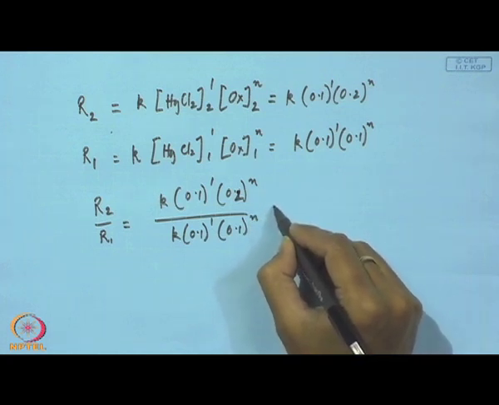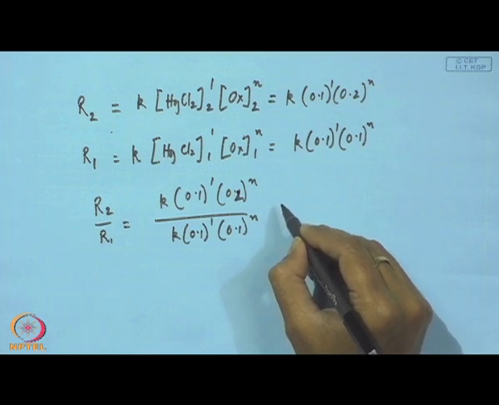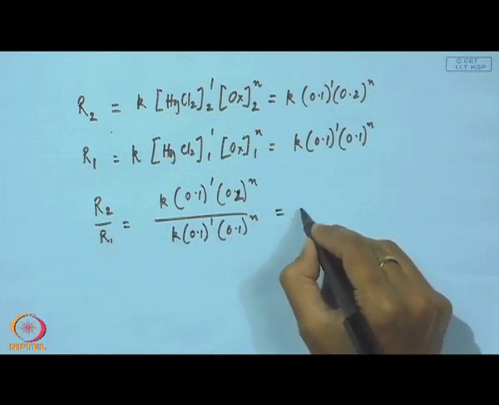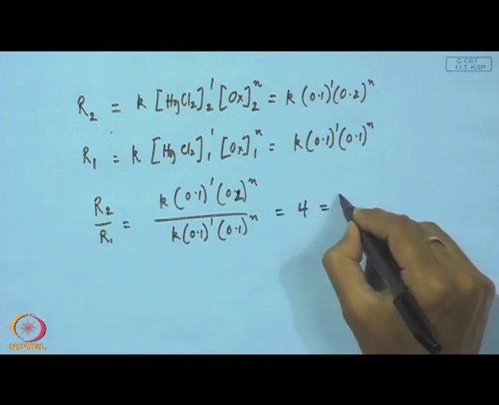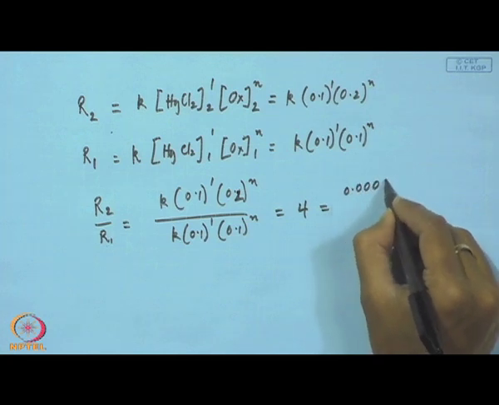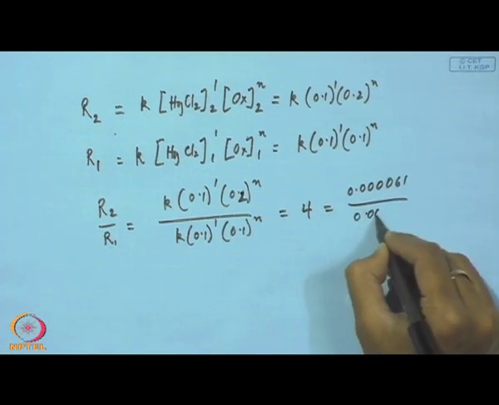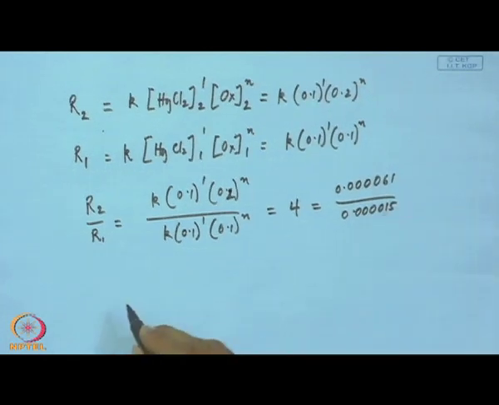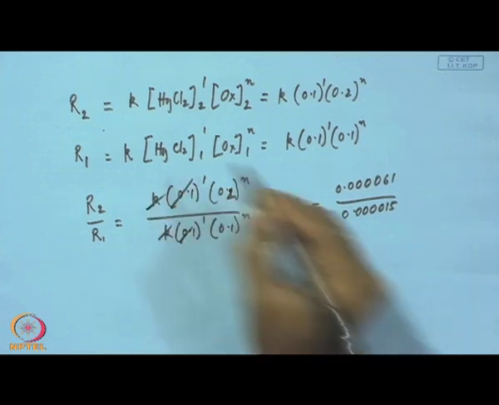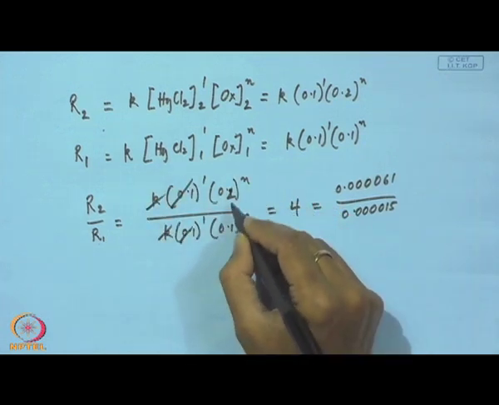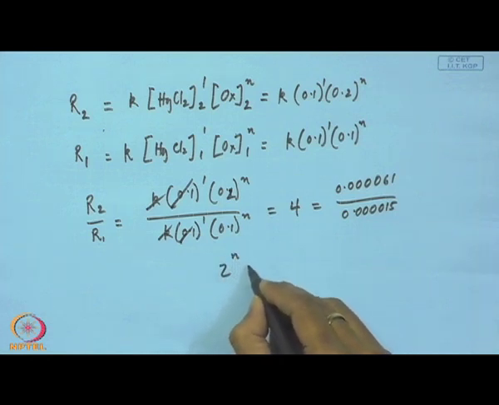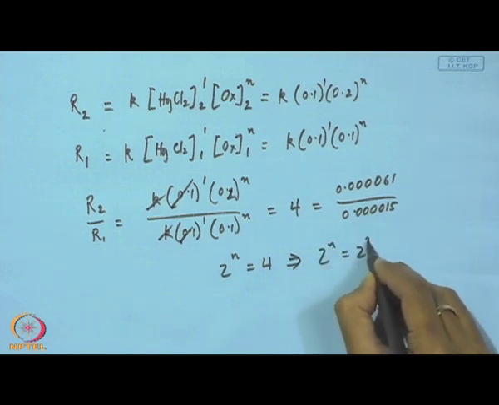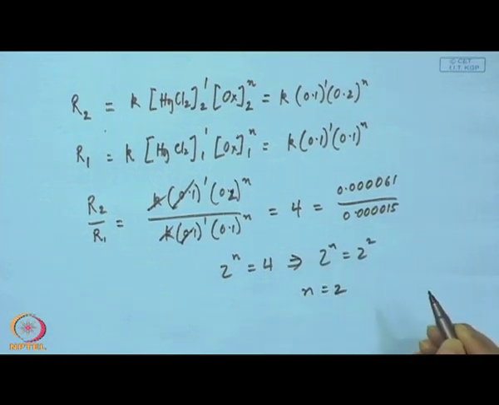If we look at the ratio of R2 to R1, it comes out to be 4, because it is 0.000061 divided by 0.000015, which is basically 4. So, we cross out the common terms, and it is 2 to the power n. 2 to the power n is equal to 4, implies 2 to the power n is equal to 2 to the power 2, that means n is equal to 2.